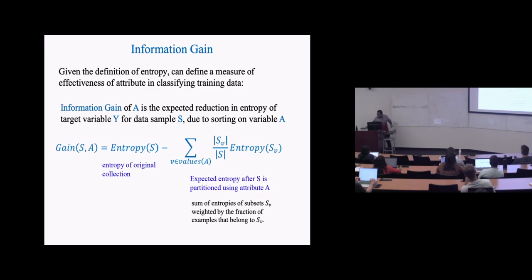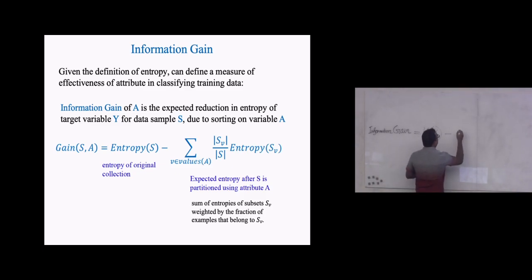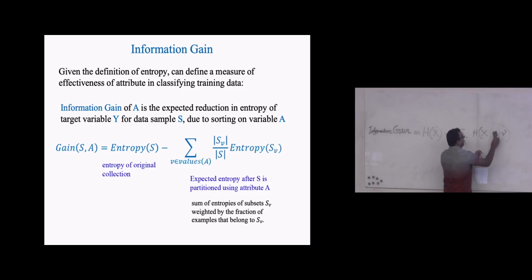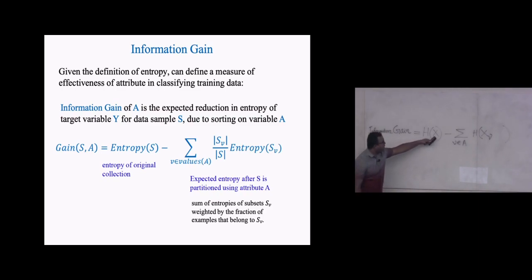So we are basically replacing this thing with a weighted sum, the expected entropy for all the values of A, entropy of X given that A equals V. We basically are saying this set is XV. That is your SV here. I just replace S with X.